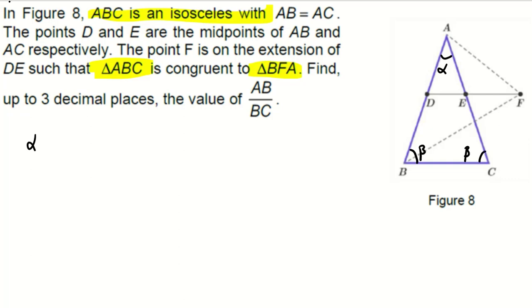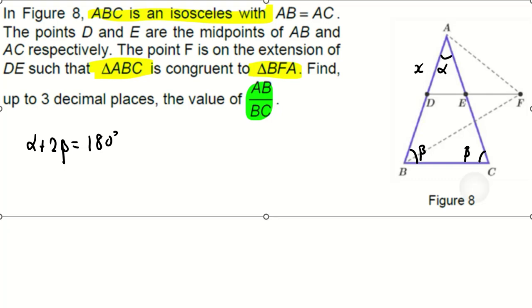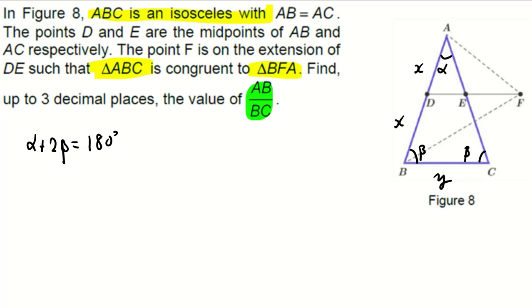In this case, alpha plus 2 beta is equal to 180 degrees. Since we are asked to find the value of AB over BC, we may also let AD equal X, and therefore AB equals 2X, and let BC be Y. So AB over BC is 2X over Y.